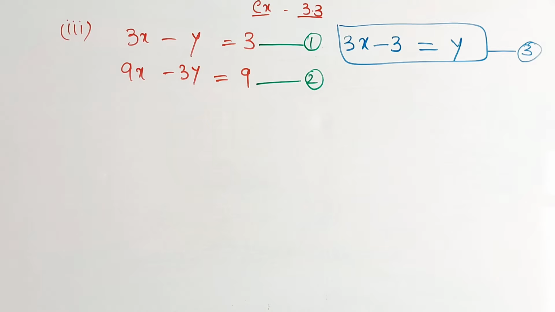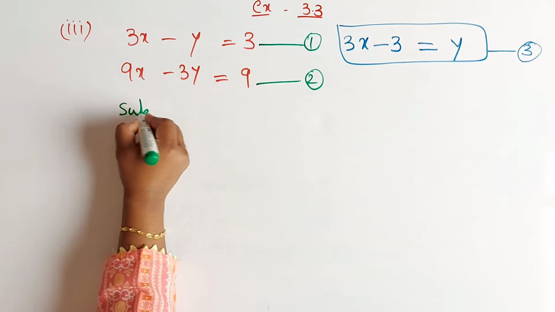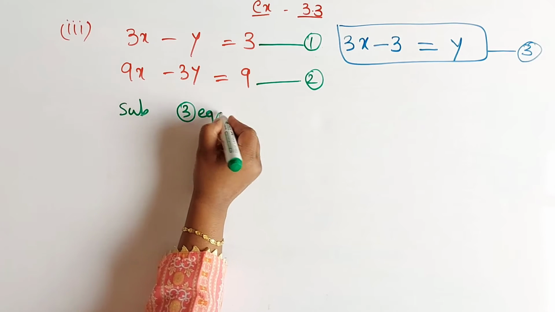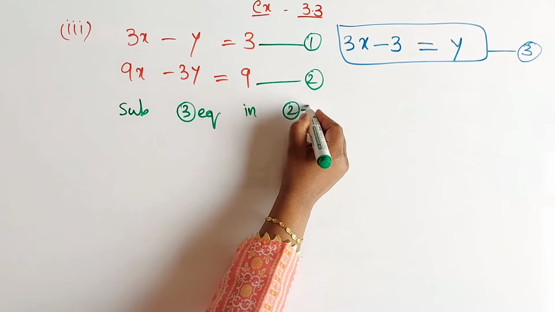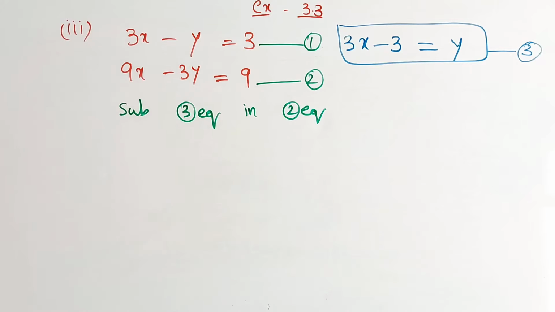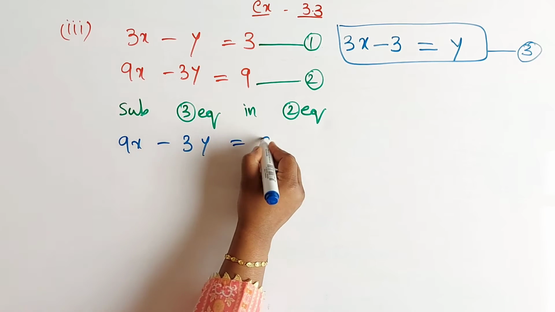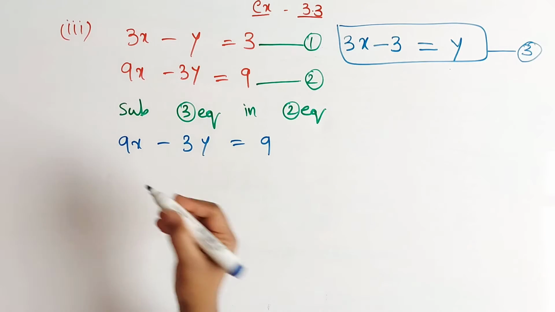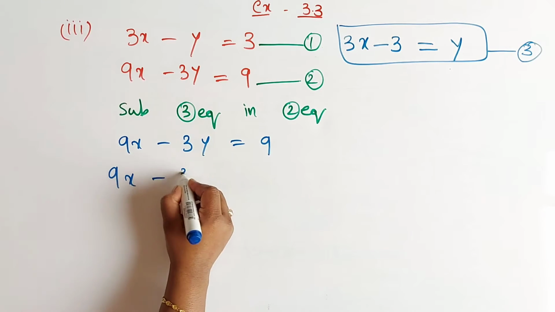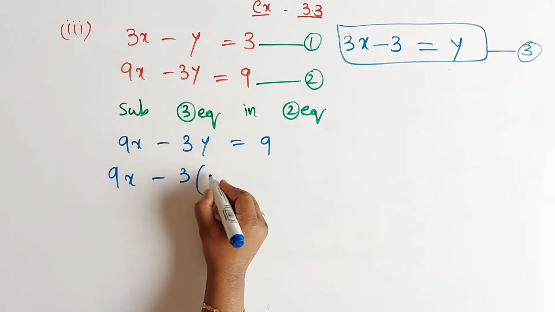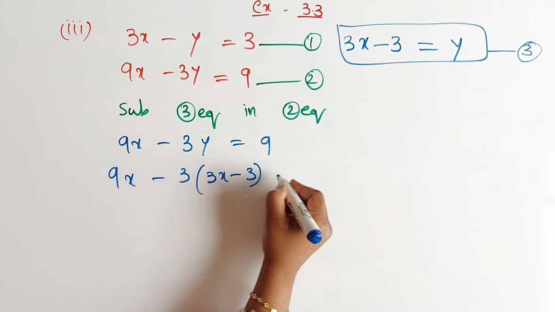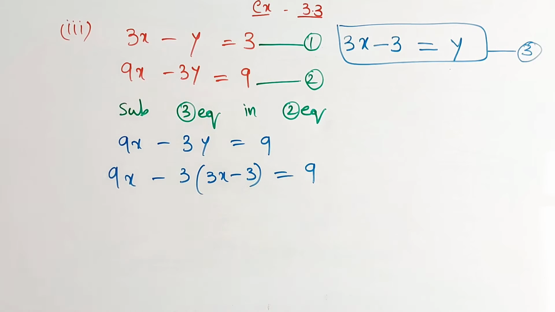Now substitute the third equation into the second equation. What is the second equation, children? 9x minus 3y equal to 9. We know the y value. So 9x minus 3 into, what is the y value? 3x minus 3 equal to 9.